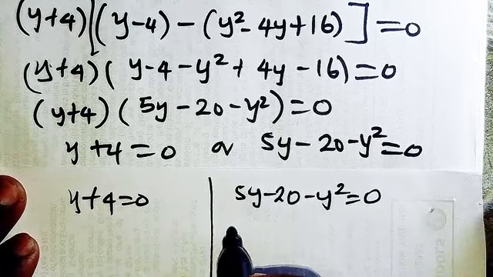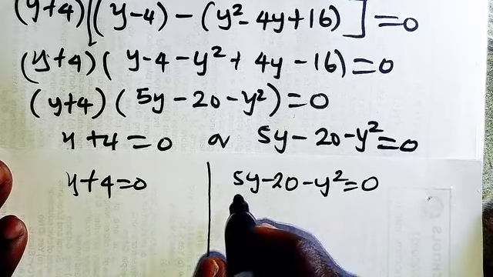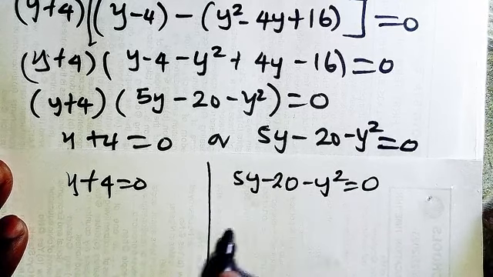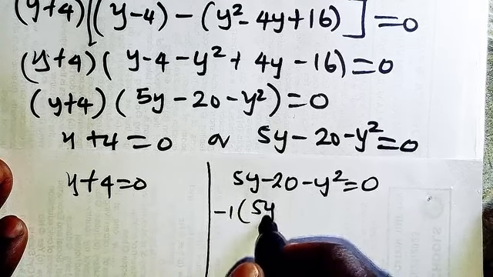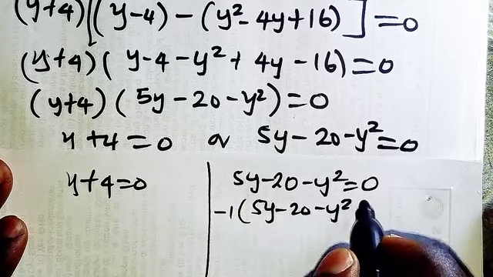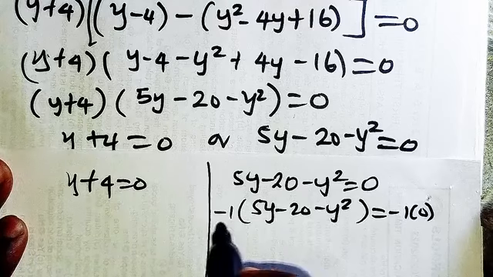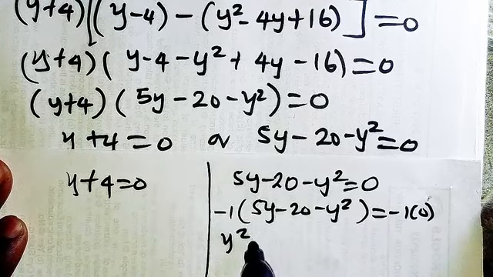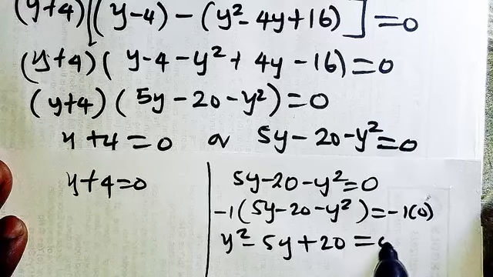So we can rewrite this equation in the standard form of a quadratic equation by sending all of this to the right hand side, or multiplying this by minus 1, that is minus 1 times 5y minus 20 minus y squared, then minus 1 times 0.